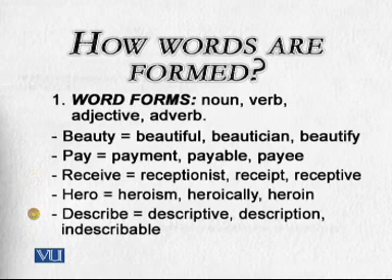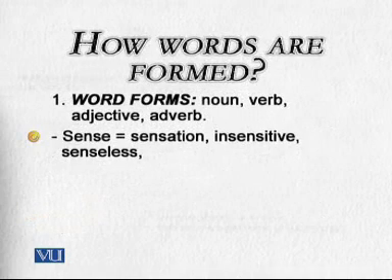Some more examples. Describe. Of course, describe is a verb. You can change it into the noun, description. Then descriptive and indescribable. Then comes sense. From sense, sensation, insensitive, senseless.